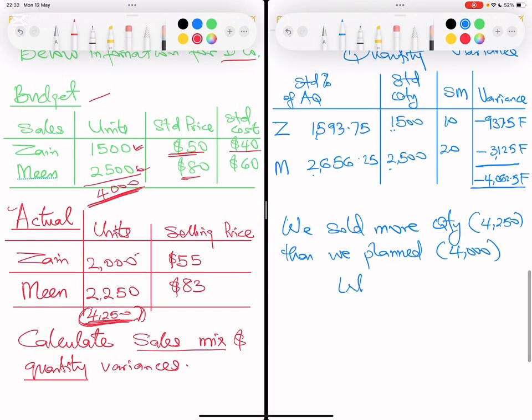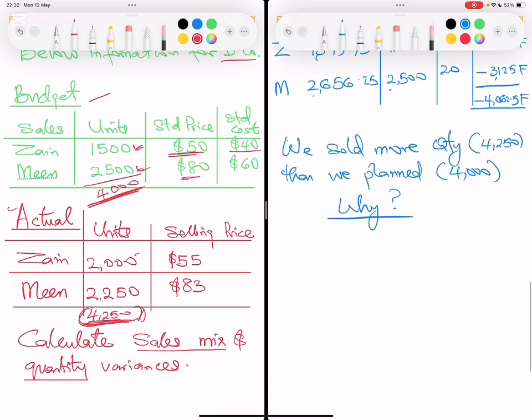So we have been able to sell much more quantity. But the question is, why are we able to sell more quantity? Is it because we are marketing very well? Is it because we are excellent? Or is it just the market that is growing? And that brings me to these two possibilities and the next type of variance that we're going to look at. Because this why of being able to sell more quantity can either be due to a change in market size, which means the market has grown by itself.